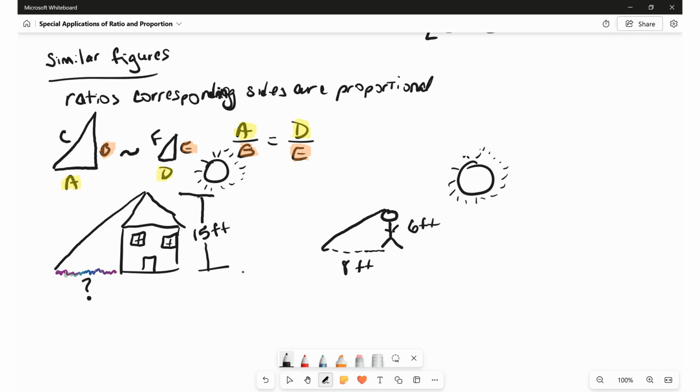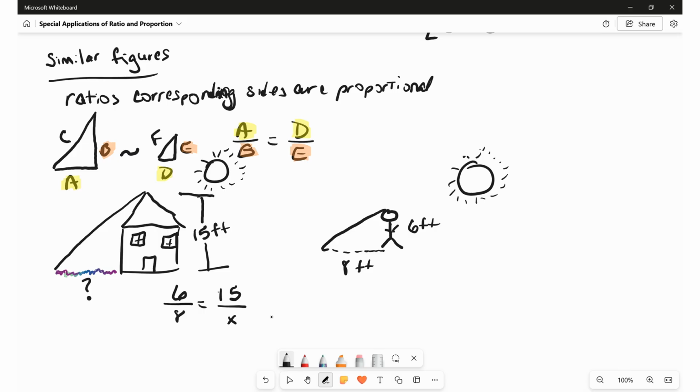Well, we can use this knowledge to determine how far out we need to go with our grass seed. So we can say that 6 over 8 is equal to 15 over our unknown. And because the sun is in the same position, these create similar triangles.